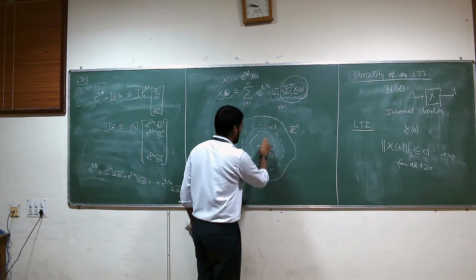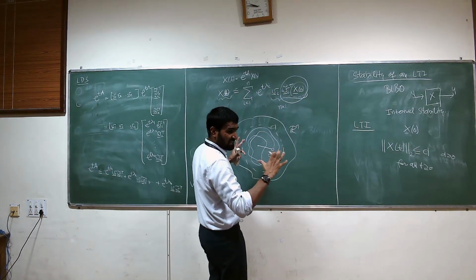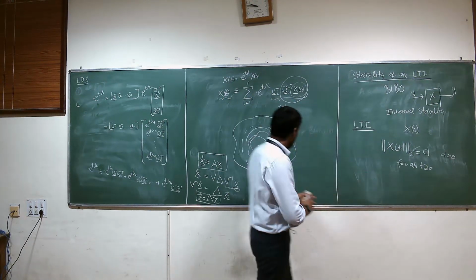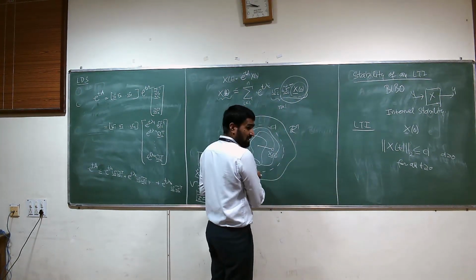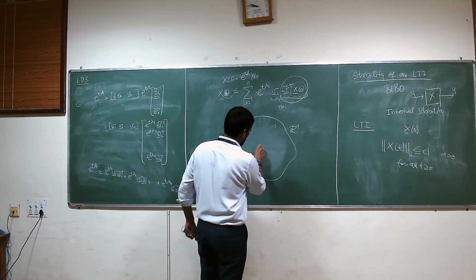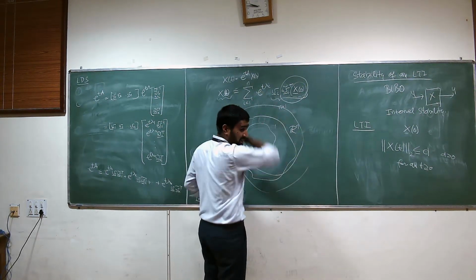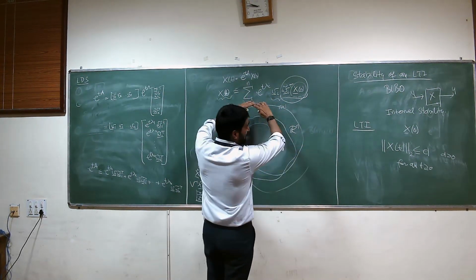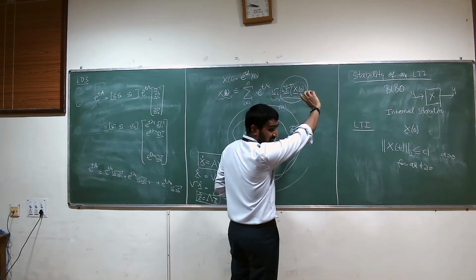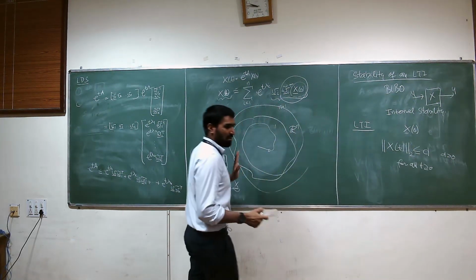If the trajectory is always within a sphere of finite radius, then you say the system is stable. If you have a system whose initial state is here, and the trajectory keeps growing out, keeps expanding, and whatever sphere I propose, at some point the trajectory crosses the sphere, then this is not satisfied, and you say the system is unstable.